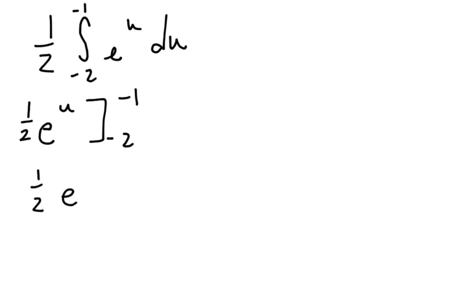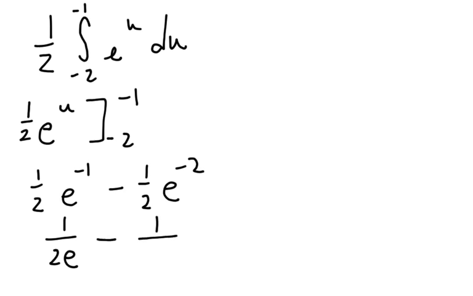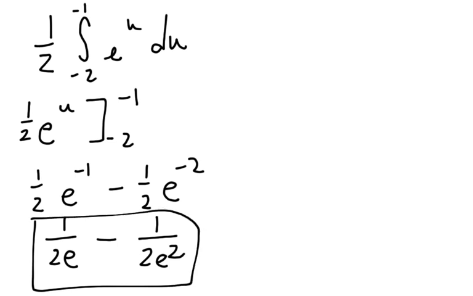Plug in my upper limit, plug in my lower limit. Now, technically that could be considered done. However, we usually don't leave negative exponents, so a better way to write this would be 1 over 2e minus 1 over 2e squared. That's that.